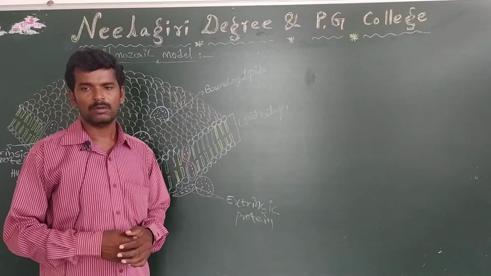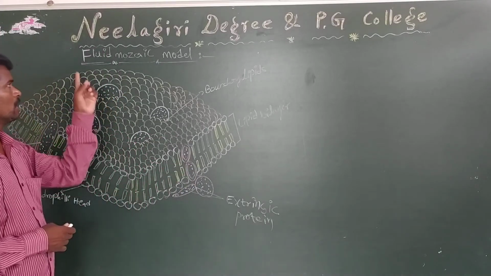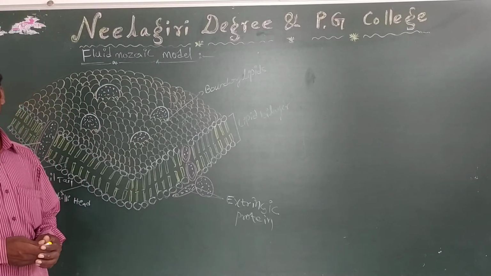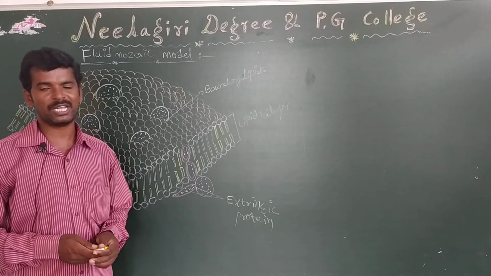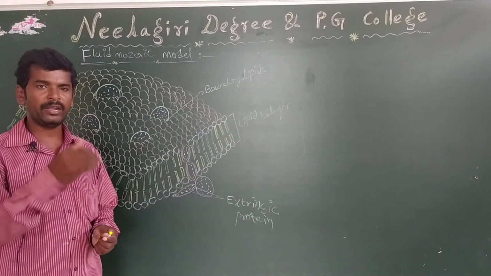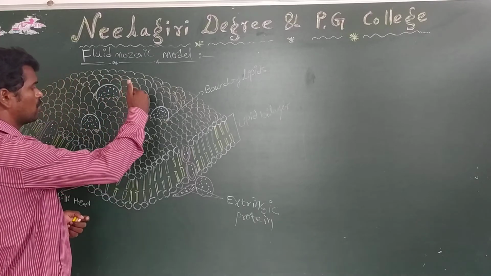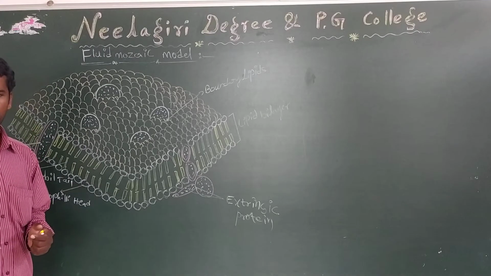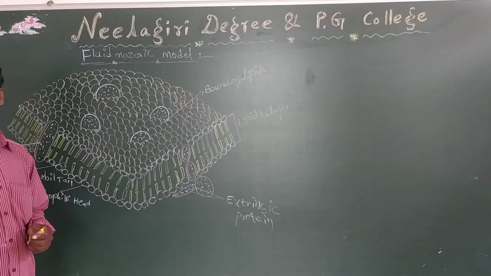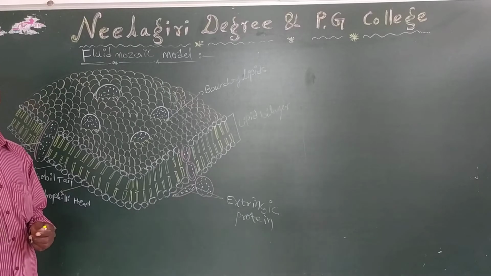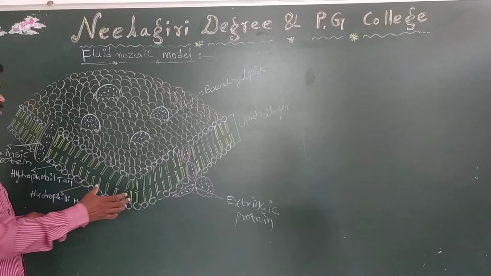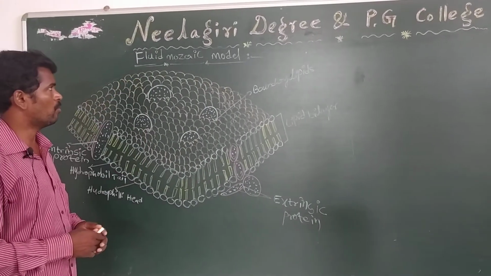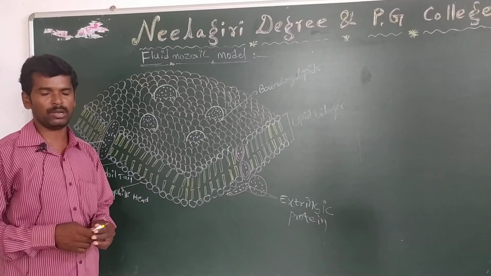But another model, the fluid mosaic model, fully explains the plasma membrane structure and also the entry of water, from outside to inside, and how water-soluble particles and other particles enter the cell. The model's name is the fluid mosaic model.